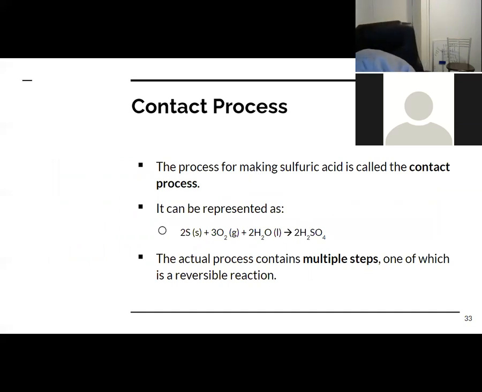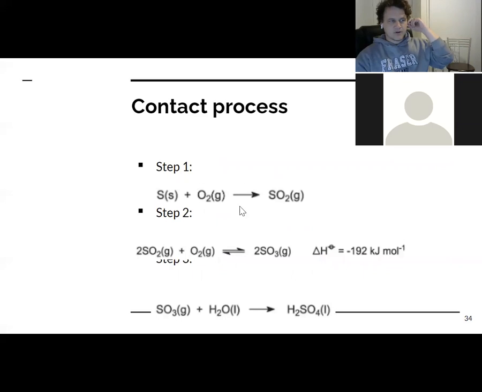It contains multiple steps, but what we call this reversible reaction is the reaction that eventually reaches the point where the equilibrium makes the reaction go forward at the same rate as it's going backwards, so no more product is being produced. This one we're not really looking at, but this one, if you see this, is a reversible reaction.